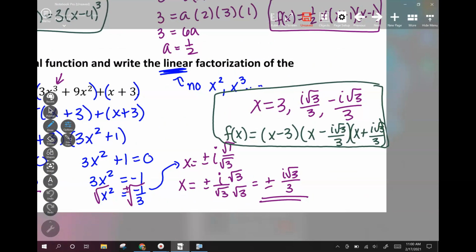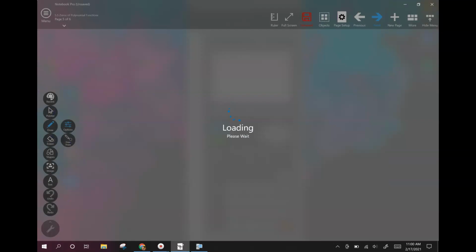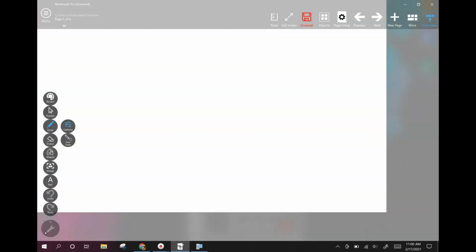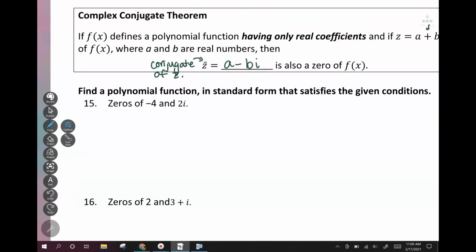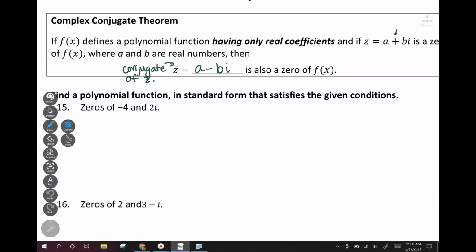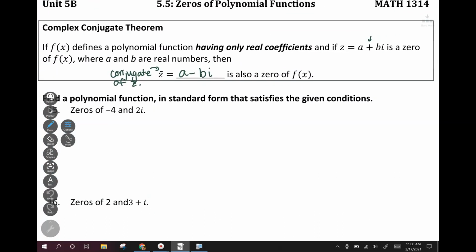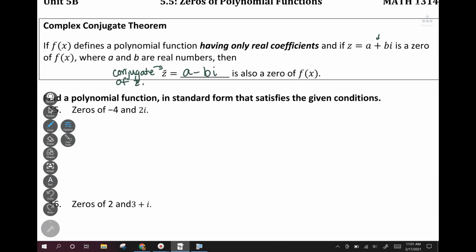You see that we had i square root of 3 over 3, and we also had minus i square root of 3 over 3. So if the positive is a zero, then the negative is also a zero, and vice versa. If one of them is, then the other one also is. The conjugates come in pairs. The complex numbers come in pairs.